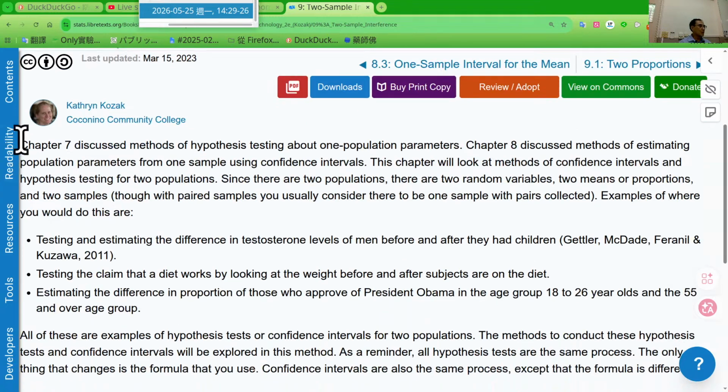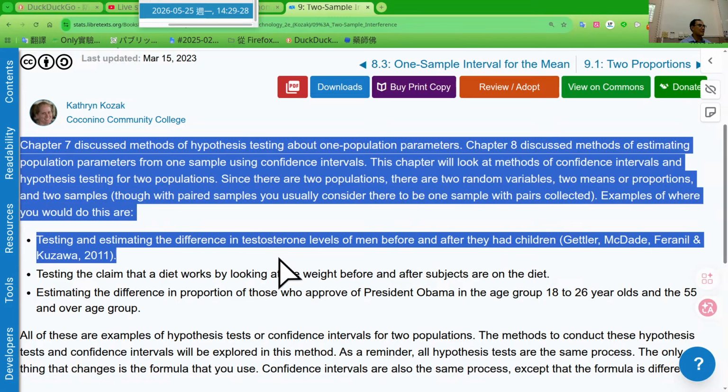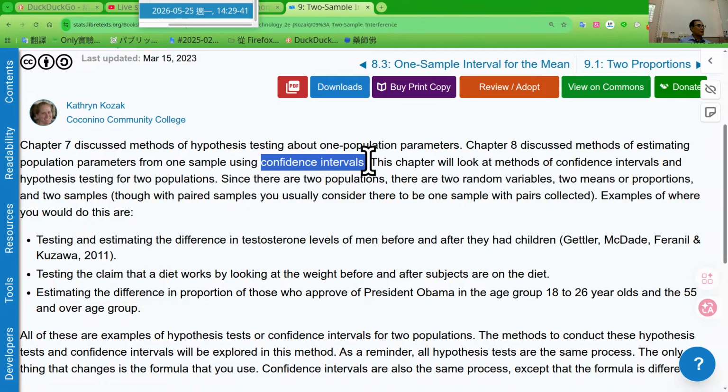Chapter 7 discusses the method of hypothesis testing about one population parameter. Chapter 8 discusses the method of estimating a population parameter from one sample using a confidence interval. Generally speaking, we have 95% confidence that the real population value is located in this range.